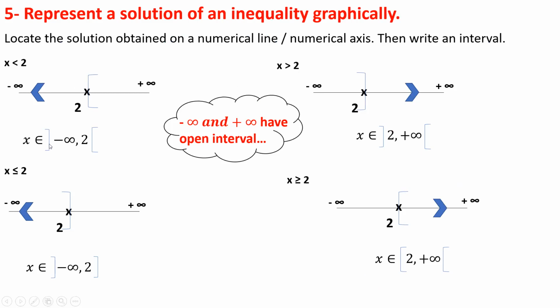So x belongs to minus infinity until 2. And 2 is not included since my parenthesis or my interval is opened. Always on the minus infinity, the interval should be opened. It's never closed. Why? Because minus infinity means it never ends.